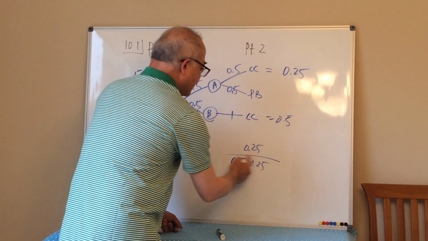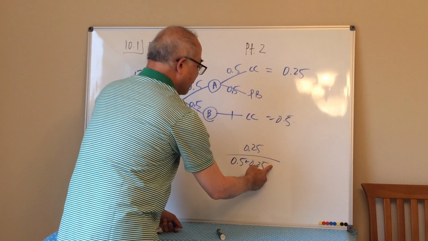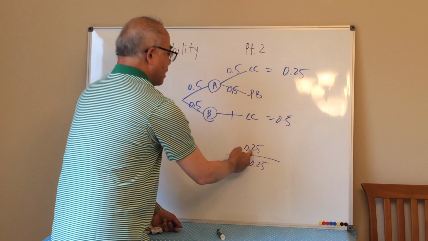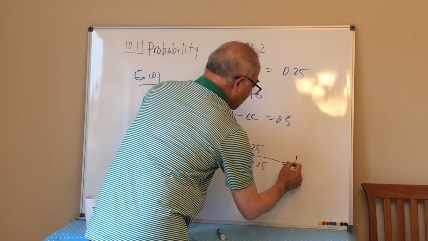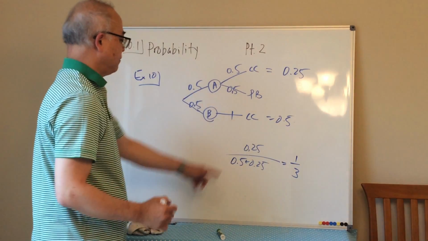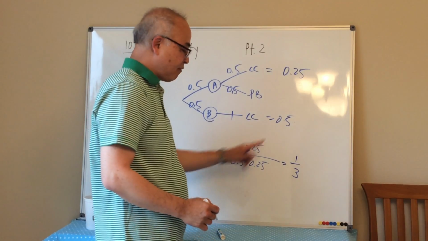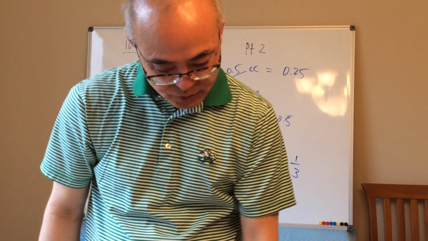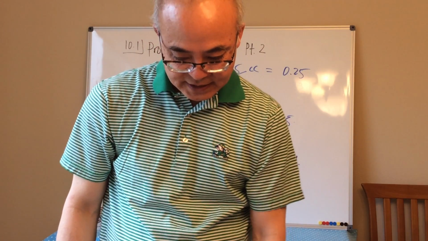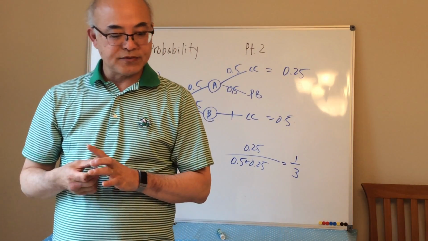So given that it was a chocolate chip cookie, this is the probability that it came from A. So it's going to be 1/3, it looks like, right? 0.25 over 0.75, 1/3. Okay, so that's how you do conditional probabilities. All right, and we'll close out 10.1.